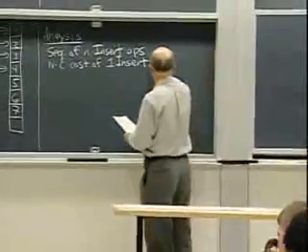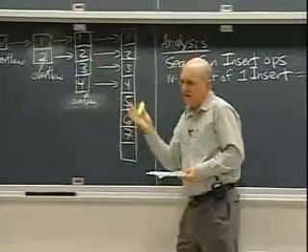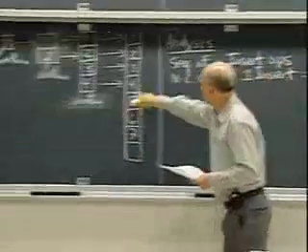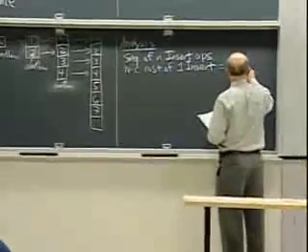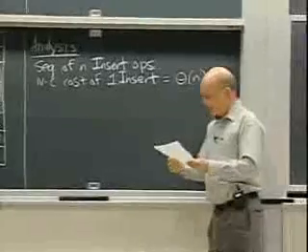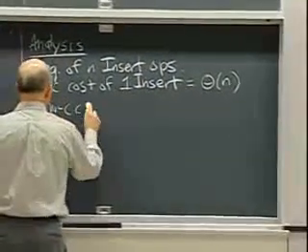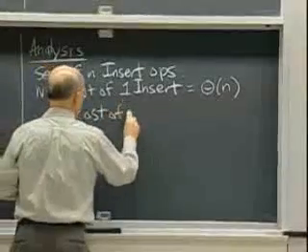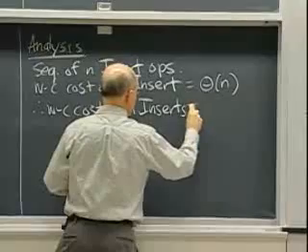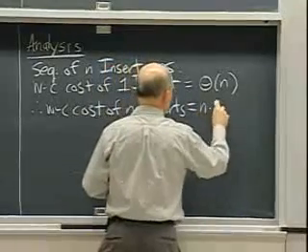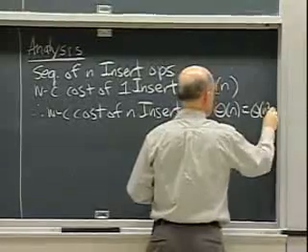Whatever the overhead is of copying. If we counted it as 1, it'd be basically n, or n plus 1, because we've got to copy all those and then, okay? So it's order n, okay? So therefore, if I have n of those, the worst case cost of n inserts is equal to n times order n, which is order n squared.